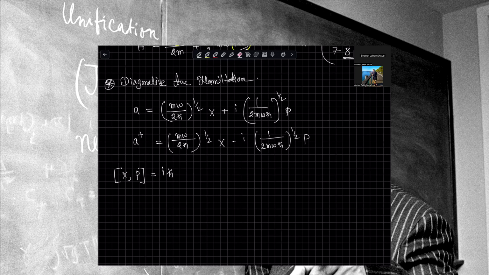So given this is true, an exercise for you is to show that the commutator of a and a dagger is the identity.